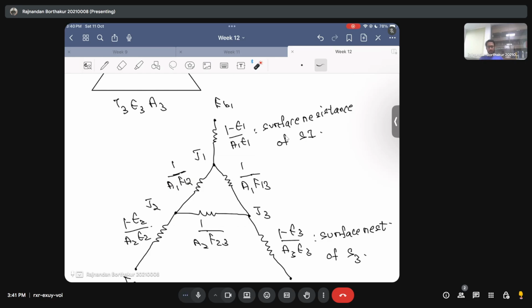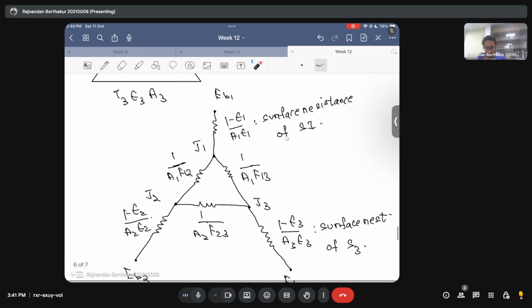But before that, as we always do, we'll stop here for a couple of minutes. I will let you recap whatever we have done so far, starting from how we devised the radiation network for real surfaces and for black bodies, and then subsequently how to come up with the radiation network for a 2-zone and a 3-zone enclosure.